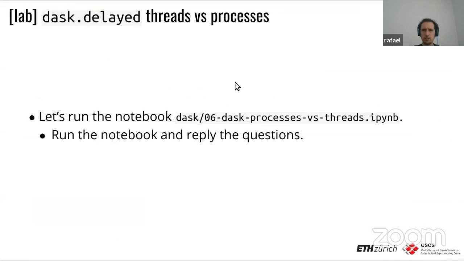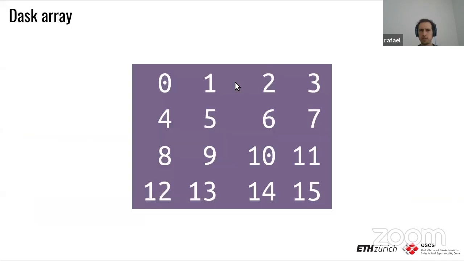And okay, so at this point we can move to the last thing that we're going to see today, which is Dask array. Remember that besides Dask delayed, Dask extends NumPy and Python with some data collections.